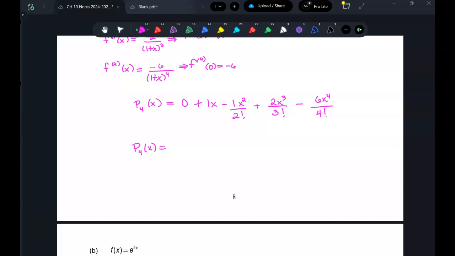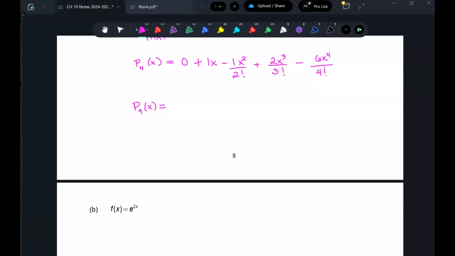Do we have to put plus dot dot dot? No, because I specifically asked for a fourth order Taylor polynomial, which means taking just those terms of the series. If I ask you for the series, then yes, we would put dot dot dot, and then we would look for a general term, which we will also have eventually.